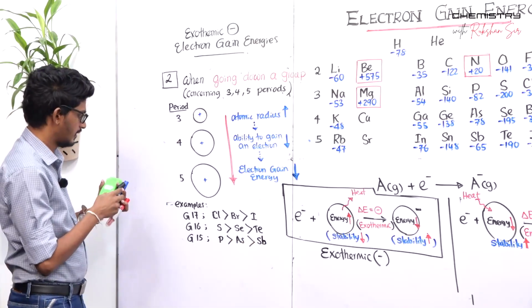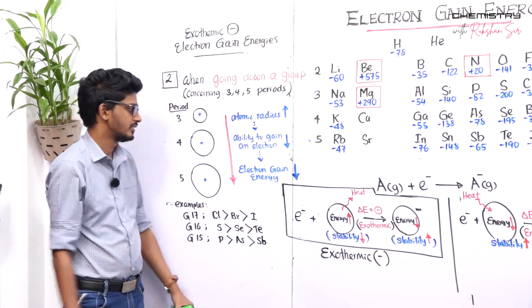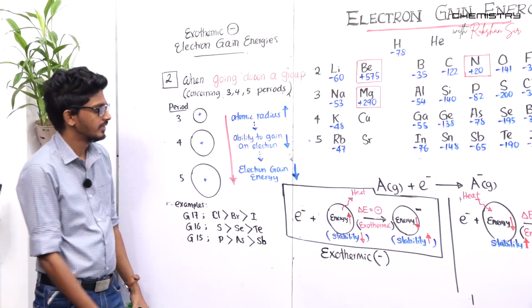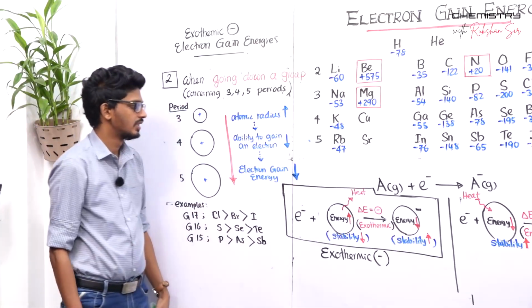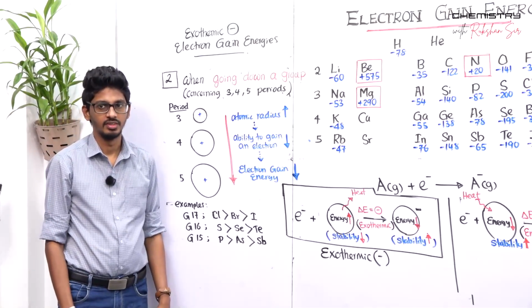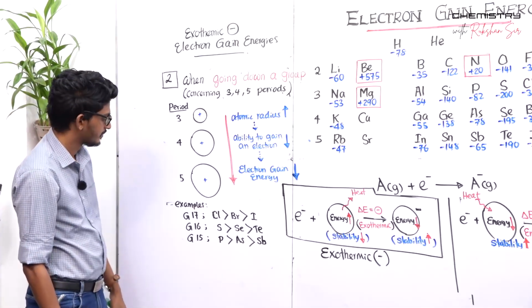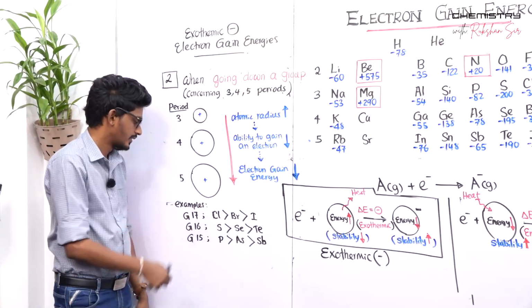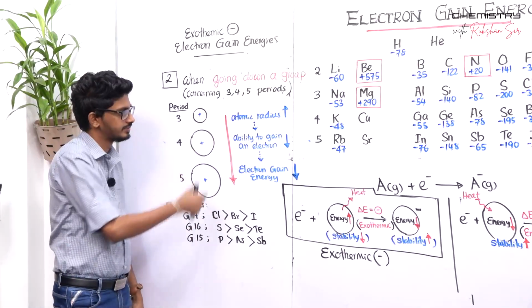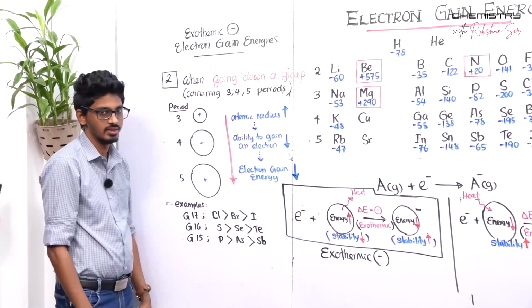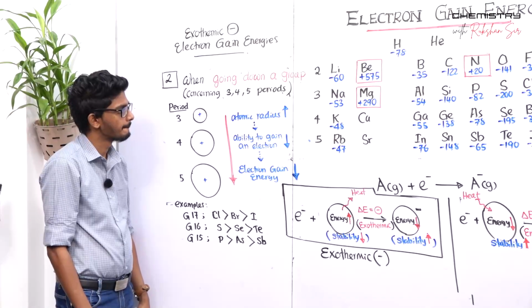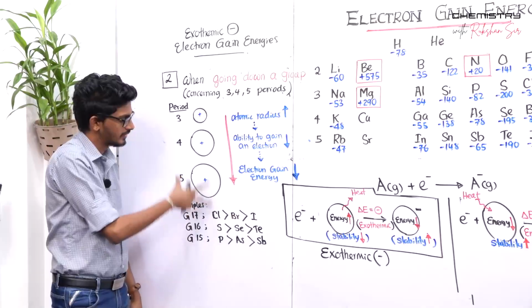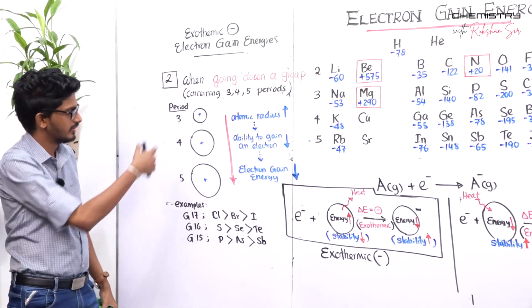So this is the second thing we should know about the exothermic first electron gains. Going down, the values decrease. Just quickly take a screen capture here and complete that note.